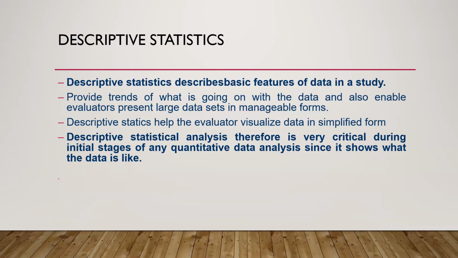So with descriptive statistics, you are looking at what is the trend, what is the direction, what is coming out strongly in the data. If they're males or females, you state it, you're describing. What is the age group of the people? You're just describing it. And we are saying descriptive statistics help the evaluator visualize data in simplified form.